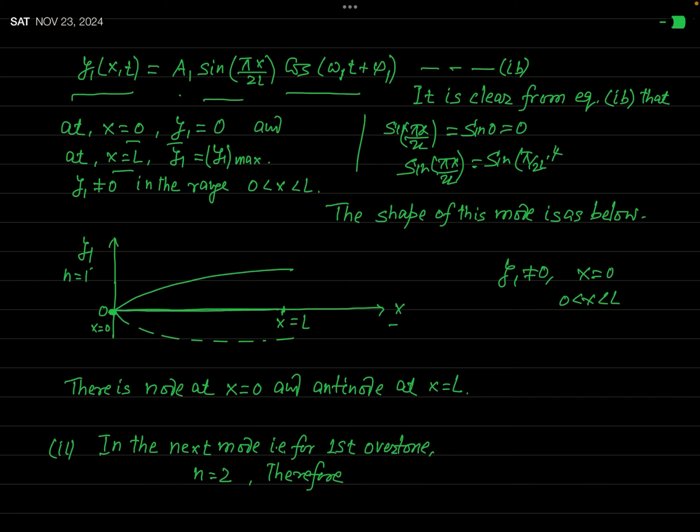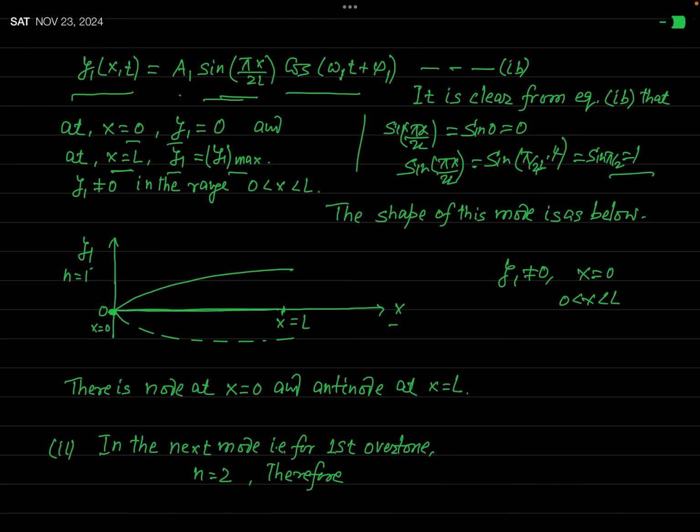X is now L. So this L and this L will cancel out, and this is sine pi by 2, which is 1, the maximum value of sine pi x by 2L. Since in this condition, when you take x equal to L, sine pi x over 2L is maximum, that's why you can say that this displacement y1 will then be maximum.